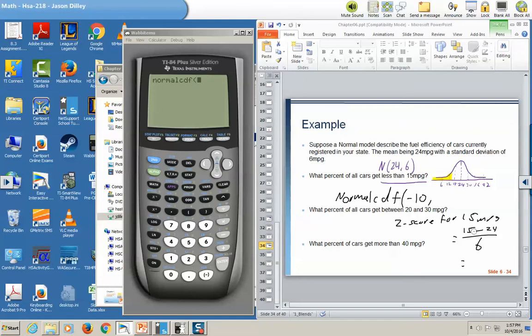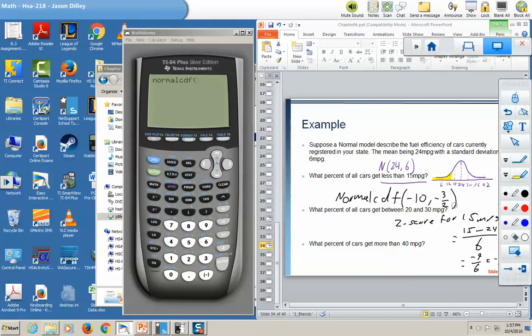So this is -9/6, which is -3/2, right? So the second part of my command is start over here at -10, that's my lower bound, and then come all the way here to -3/2, or -1.5, and then it's going to tell us what this is.